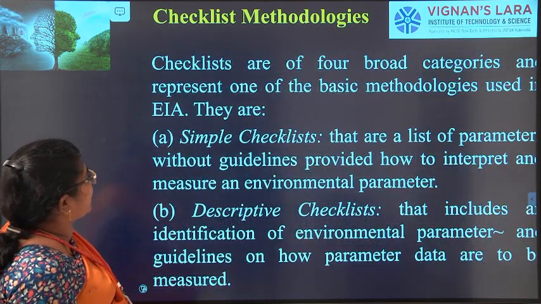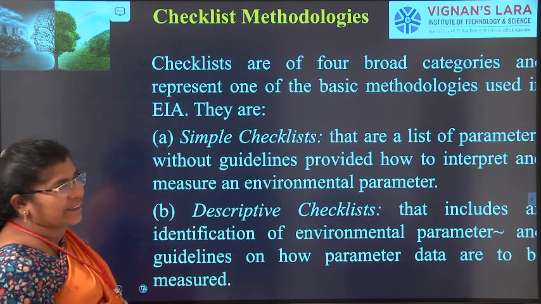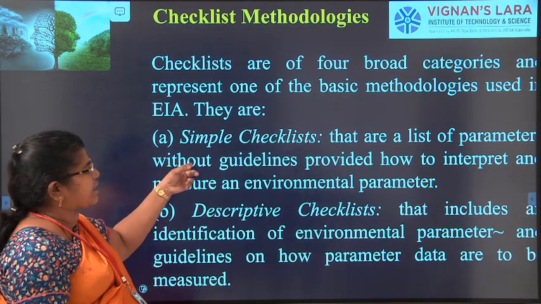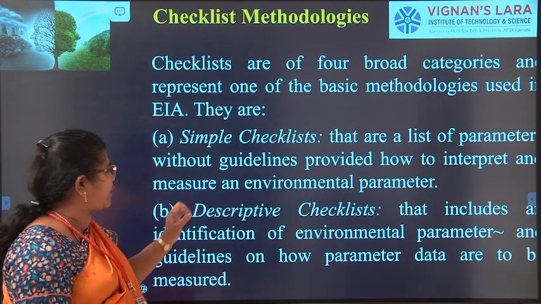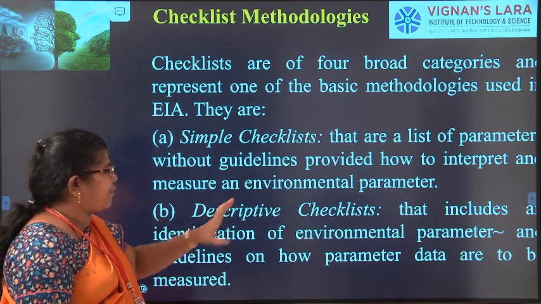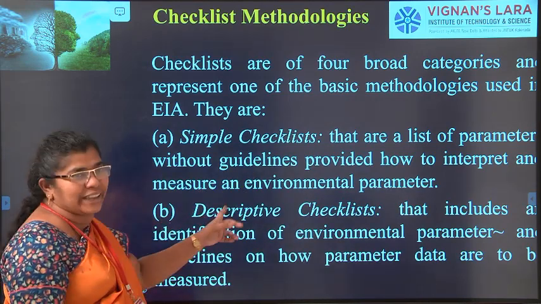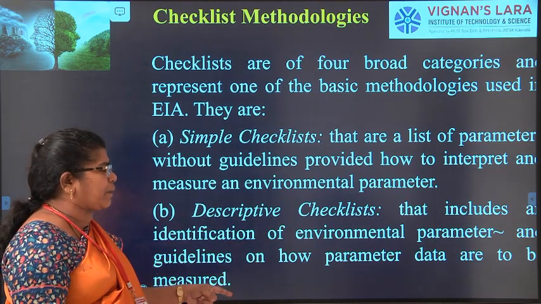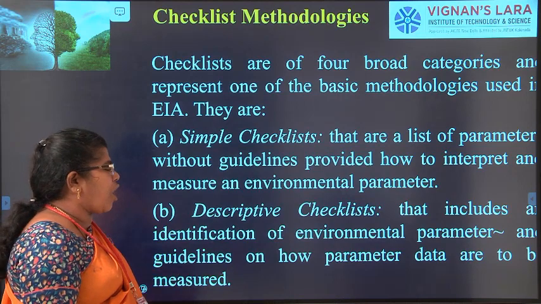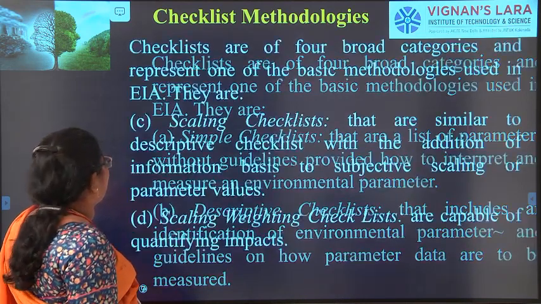Okay. So the checklists are of four broad characteristics. First, a simple checklist, where the list of parameters is given without guidelines on how to interpret or measure an environmental parameter. The next one is a descriptive checklist that includes identification of environmental parameters and guidelines on how parameter data are to be measured.